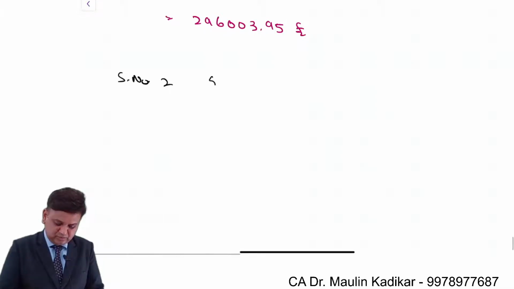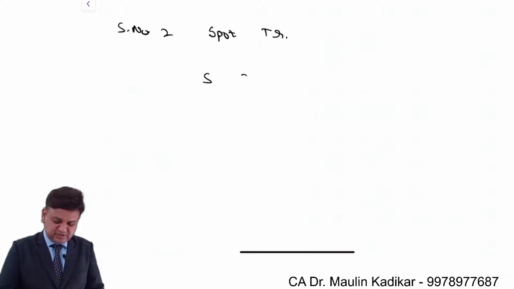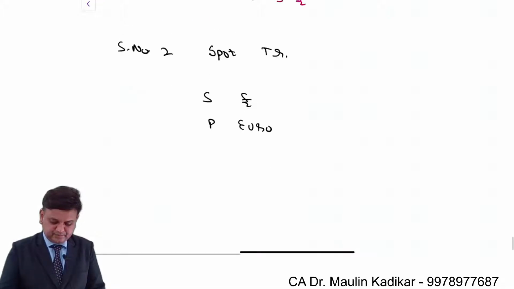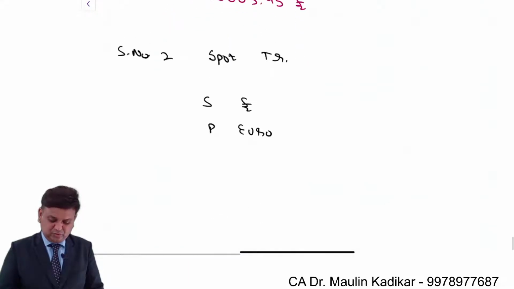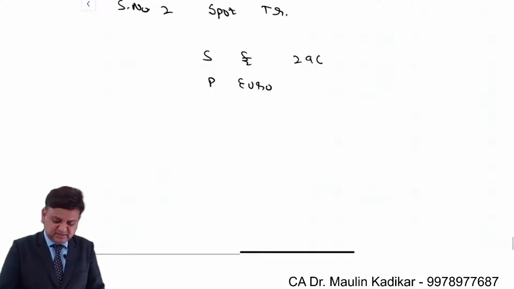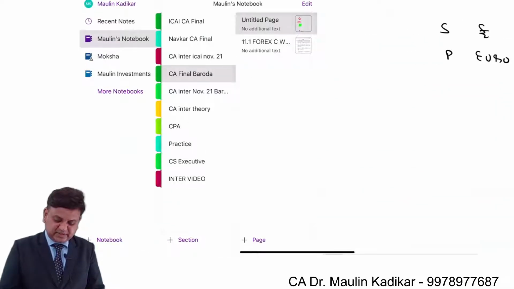Step number 2, spot transaction. Dear students, the spot transaction is sell of pound and purchase of euro. This is the amount of the pound that will be converted into euro. It is 2,96,003.95 pound that will be converted into euro. What is the spot exchange rate?